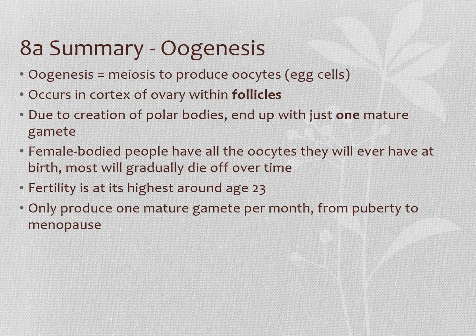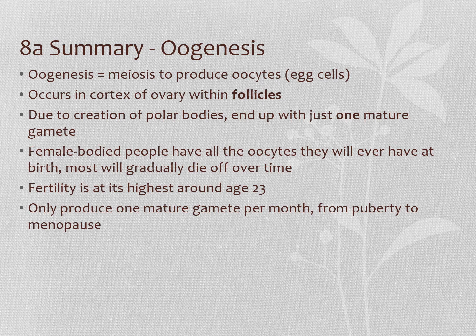All right, so in summary, oogenesis is this meiosis that we do to produce egg cells or oocytes, also called ova, or ovum is the singular. This is going to occur in the cortex, that outer part of the ovary, within these little round structures called follicles. And because of these polar bodies that we make, these kind of like, I'm just going to throw away these chromosomes, we end up with just one mature gamete at the end of meiosis.